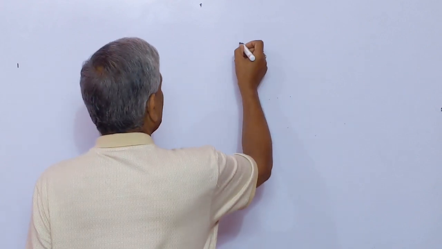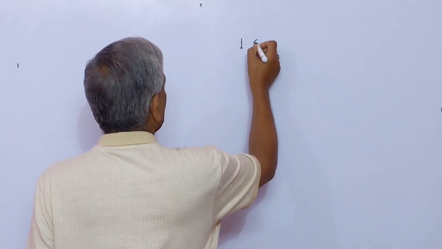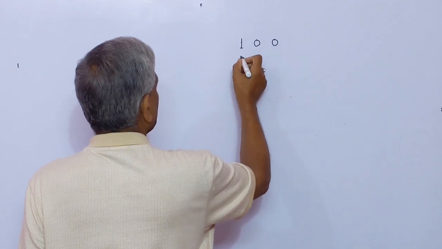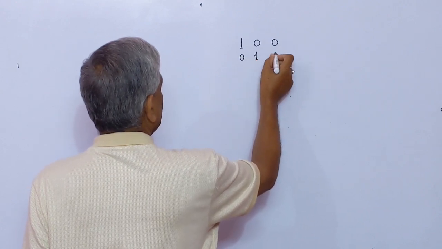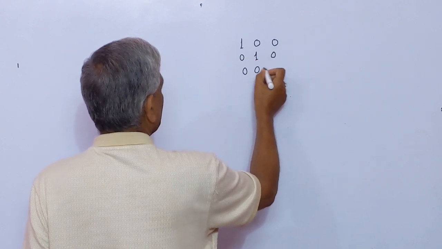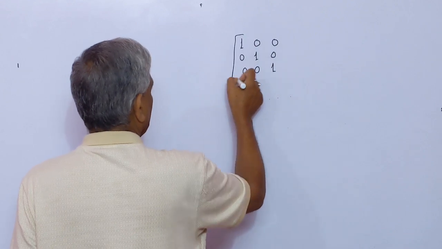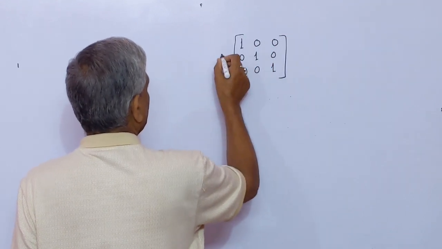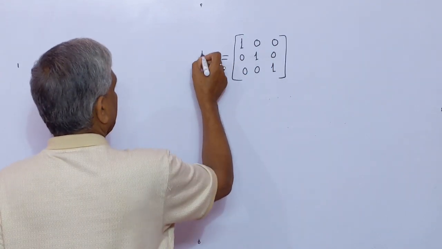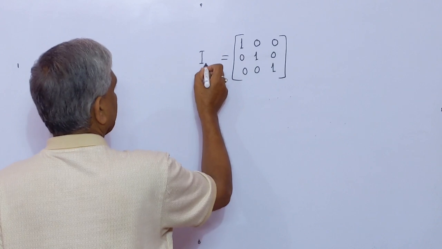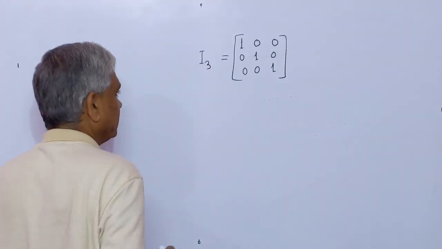Let [1 0 0; 0 1 0; 0 0 1] be the unit matrix of order 3.